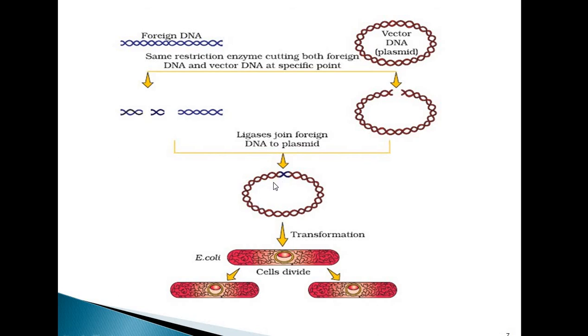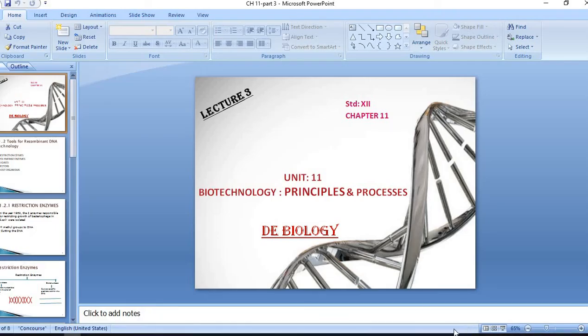After the formation of the recombinant DNA, we transform it into a specific host, which is E. coli. E. coli will multiply, and thus our gene of interest, our recombinant DNA, is passed from the parent to the offspring. So this is the end of the lecture.